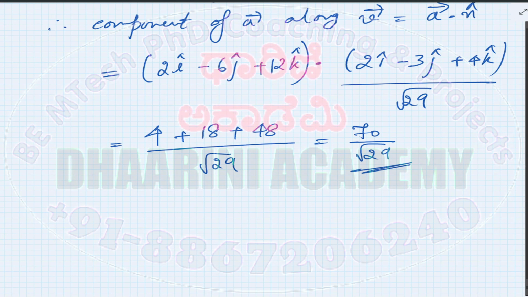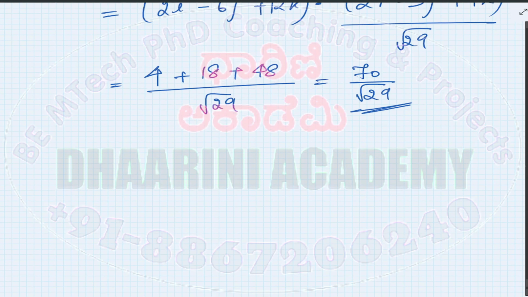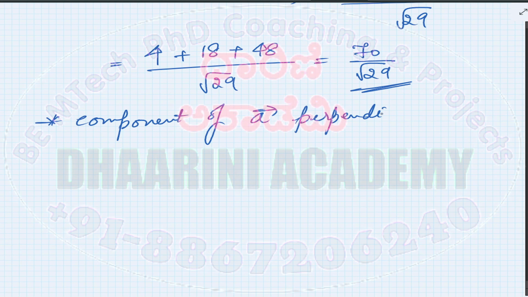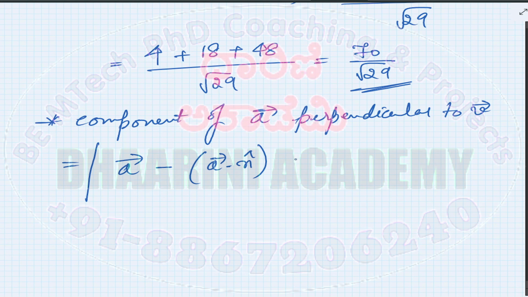Now the next part of the question is to find the component of vector A perpendicular, in the sense it is normal, to V. That is given by the magnitude of A vector minus A vector dot n cap into n cap. This is the equation.